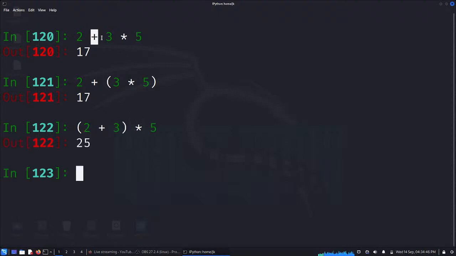So order of precedence. If we don't want to remember which will be done first, which operator comes first, we can always use parentheses and override it. It's best to use, that's what I usually do, unless it is a very complicated expression and we keep on doing many parentheses.